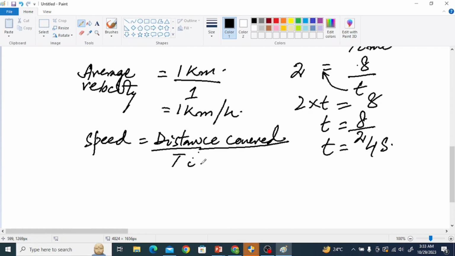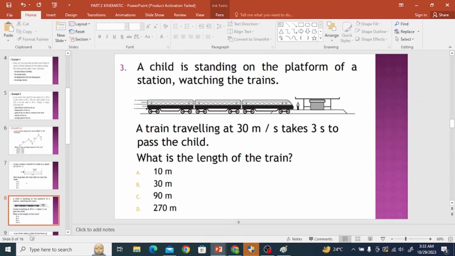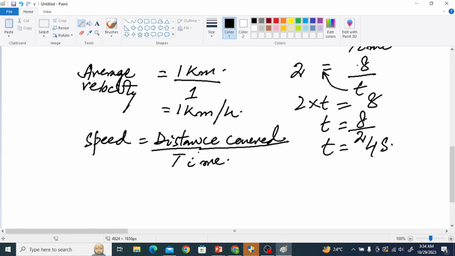In this question we are given the speed of the train, as you can see from the question, 30 meter per second, and the time taken by the train to pass the child is 3 seconds. So time is 3 seconds and the speed is 30 meter per second.